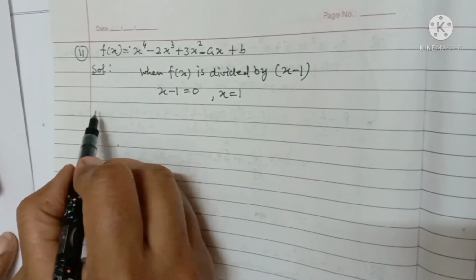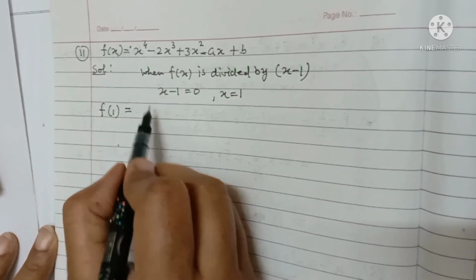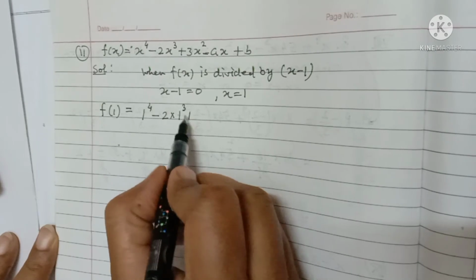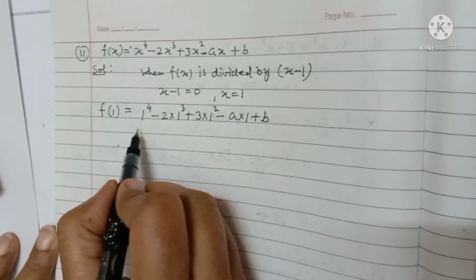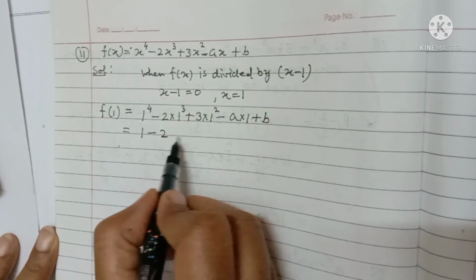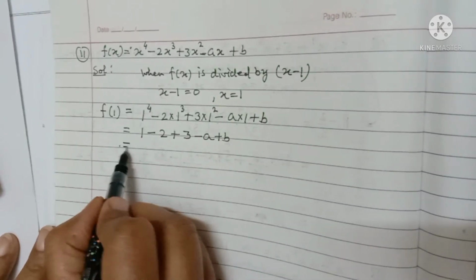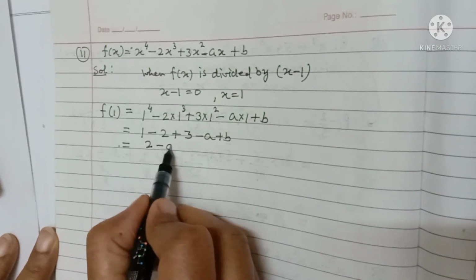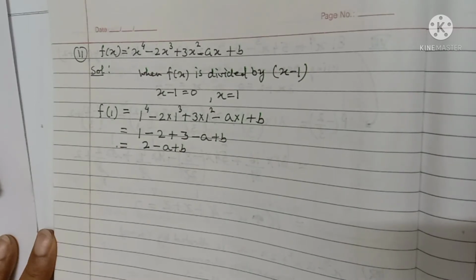So find the value f(1). f(1) is equal to 1 to the power of 4 minus 2 into 1 cube plus 3 into 1 square minus a into 1 plus b. This is equal to 1 minus 2 ones are 2 plus 3 ones are 3 minus a plus b. So you will get 3 plus 1 is 4 minus 2 is 2, minus a plus b, and the remainder is given 5.